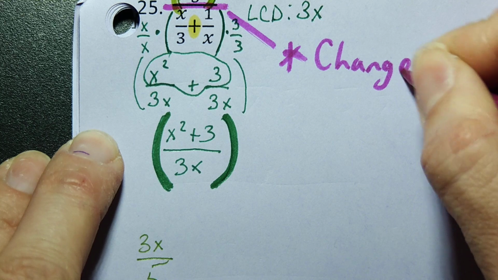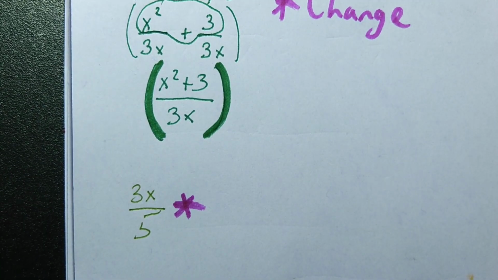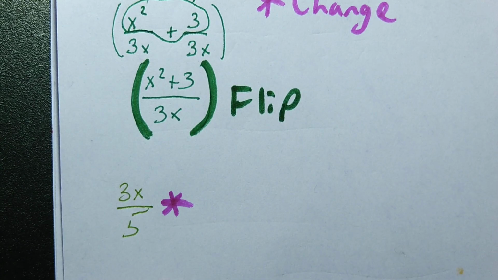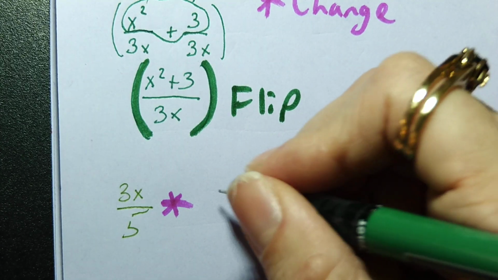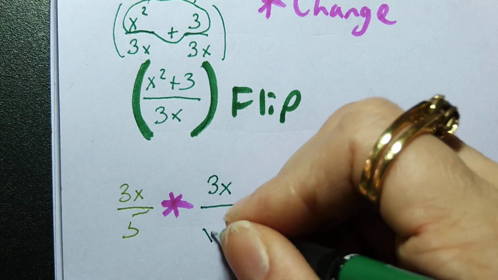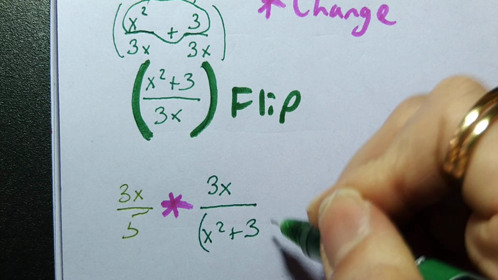Multiply. So we change the division to multiplication. And then flip. We reciprocalize the bottom fraction. So the 3x will be on the top, and the x squared plus 3 will be on the bottom. Trap, trap.